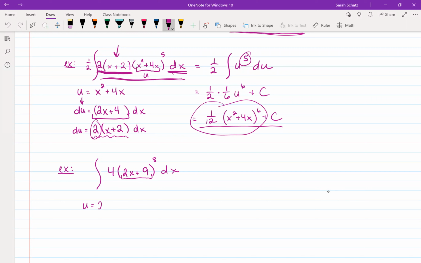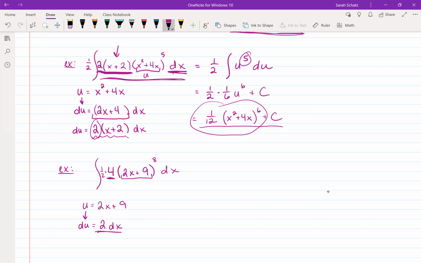Well, u would equal 2x plus 9. And du, remember, take the derivative of u. du is just 2 dx. But I have more than I need now. I need 2 dx, but I have 4 dx. What am I going to have to do here? I can't have too much or too little. So how can I make this 4 into a 2?